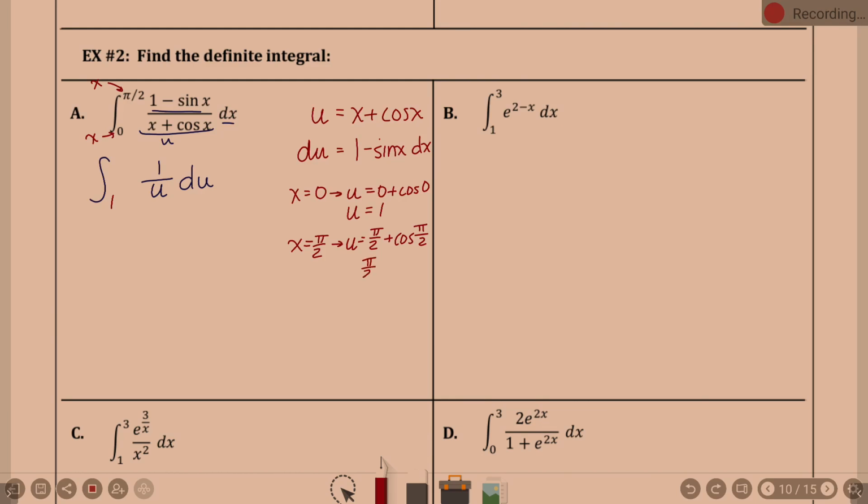What is cosine of pi over 2? Cosine of pi over 2 is 0. So that means my u value is pi over 2. So instead of going from 0 to pi over 2, we're going from 1 to pi over 2. Okay, integrate. What's the integral of 1 over u?